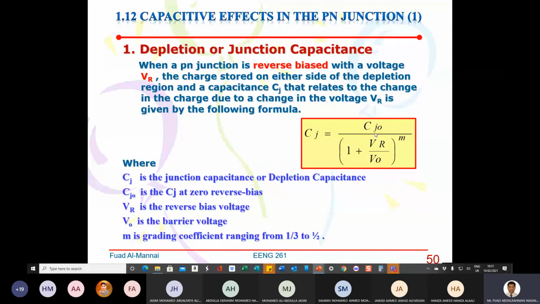CJO is the initial capacitance at zero reverse bias, divided by 1 plus VR, the reverse bias voltage, divided by the barrier or built-in voltage, raised to the power M, the gradient coefficient, which is a constant ranging from 1/3 to 1/2.